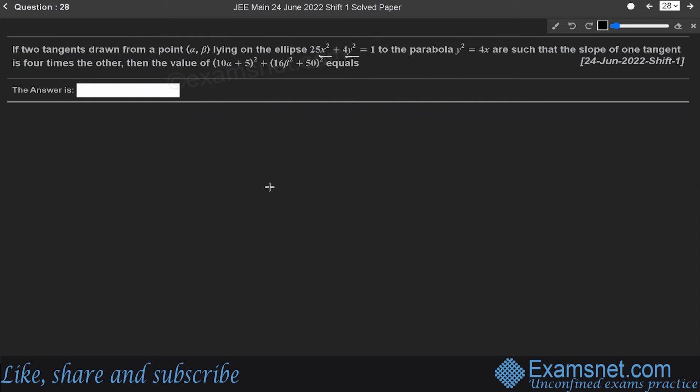So here, since alpha and beta lie on the given ellipse, the equation changes to 25 alpha square plus 4 beta square is equal to 1. Let this be equation number 1.